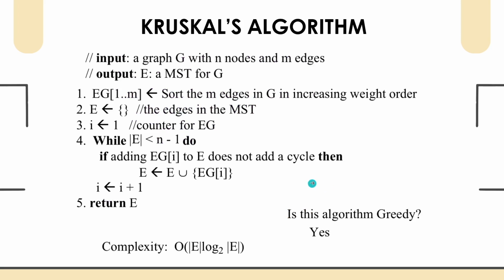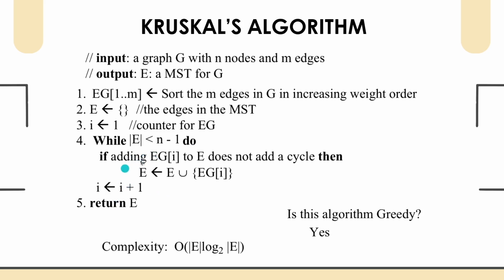So, this is the actual Kruskal's algorithm. Initially, we have sorted all the edges in this graph G in increasing weight order, and the result is stored in the vector EG, and E is initially empty. So, E marks the edges that are going to be part of the minimal spanning tree, and initially we have initialized the variable I to 1, which is the counter for EG, and while E has fewer than n minus 1 edges, we do this set of steps again and again.